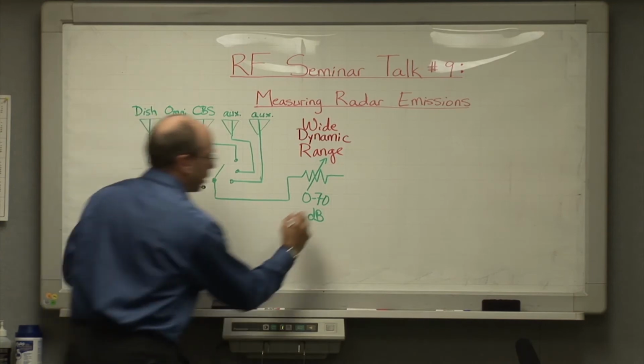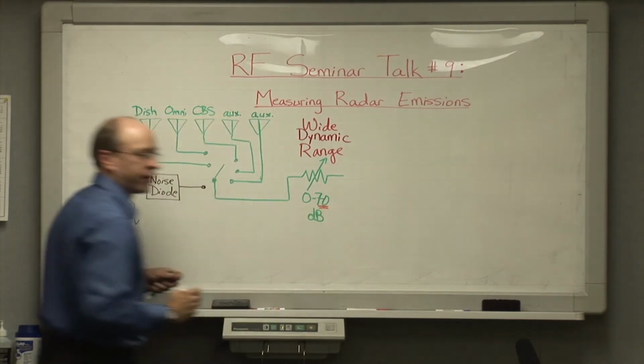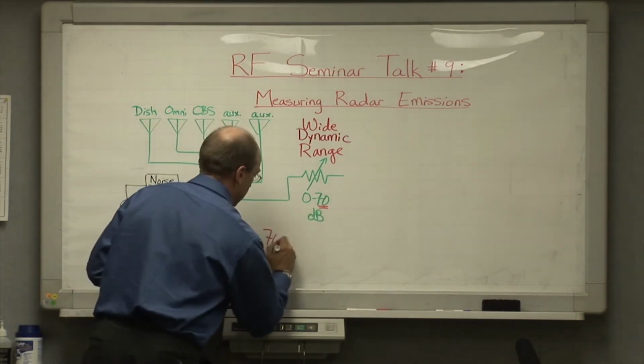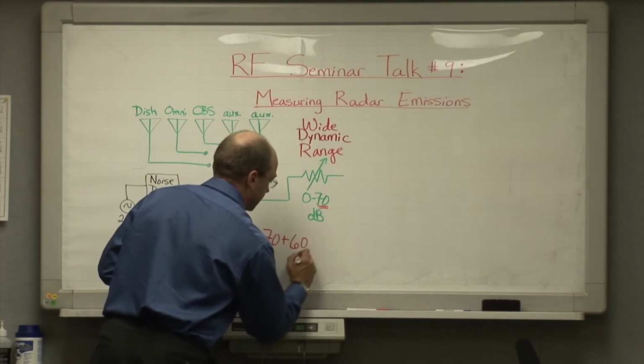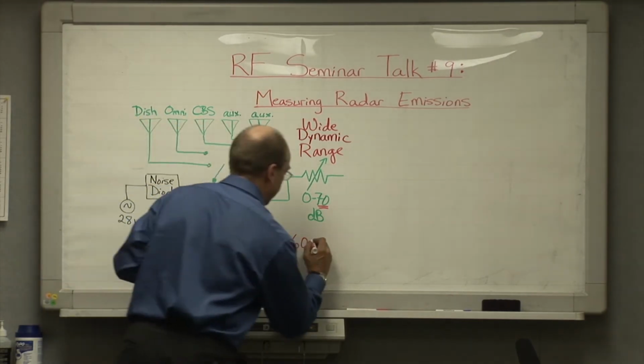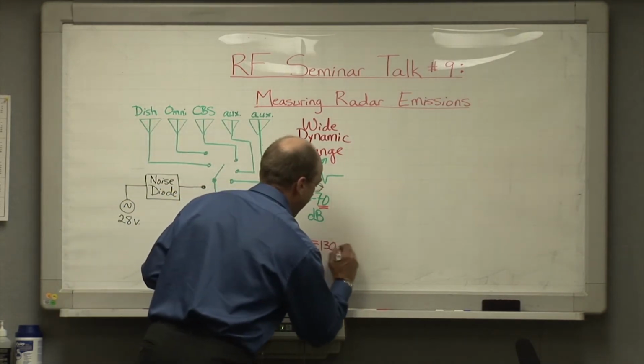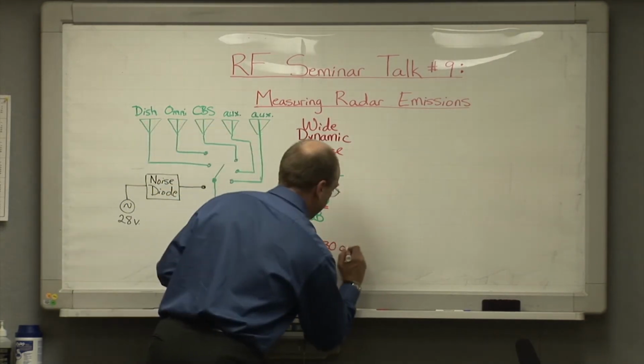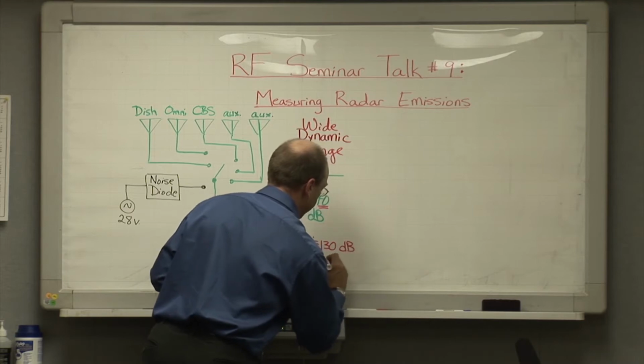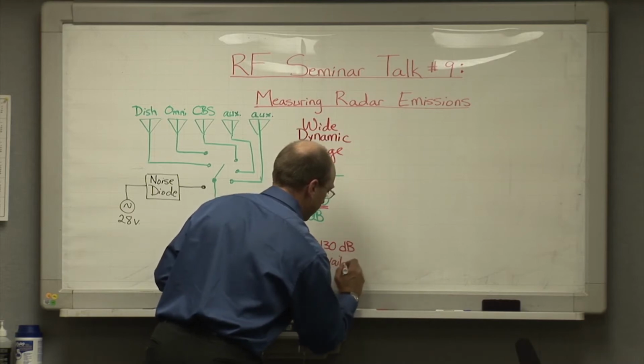The reason being that we can get up to 70 dB of RF attenuation here, plus 60 dB of instantaneous dynamic range in the spectrum analyzer that we're using, which equals a total of about, give or take, 130 dB of total available dynamic range in the measurement.